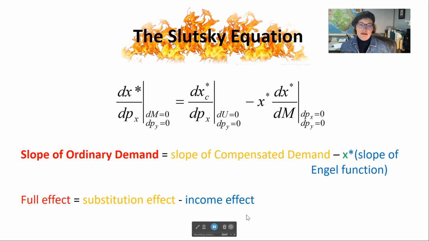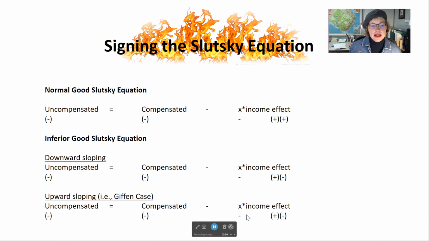We can use this information to do what we call signing the Slutsky equation for different types of goods. So here we have a Slutsky equation for a normal good. In the uncompensated case, we would expect a negative slope on that ordinary normal good.